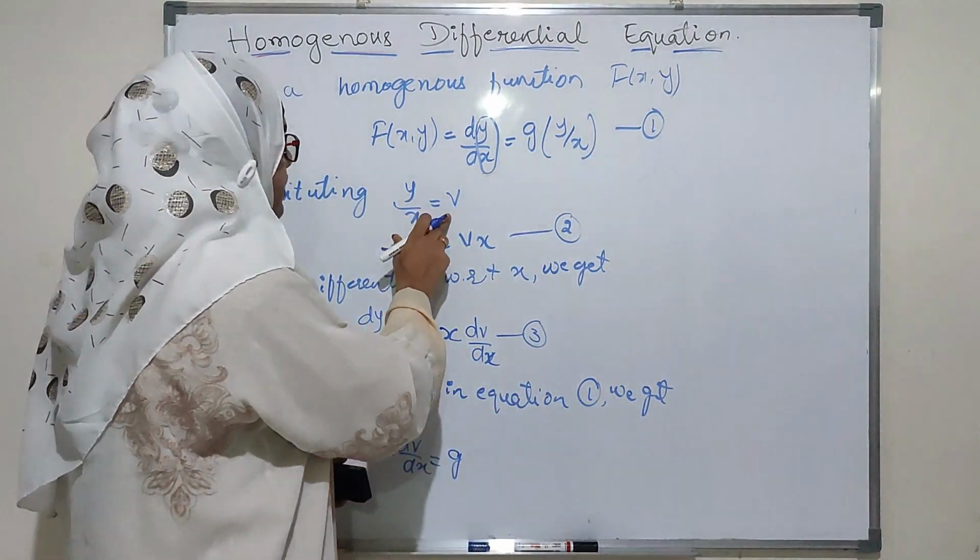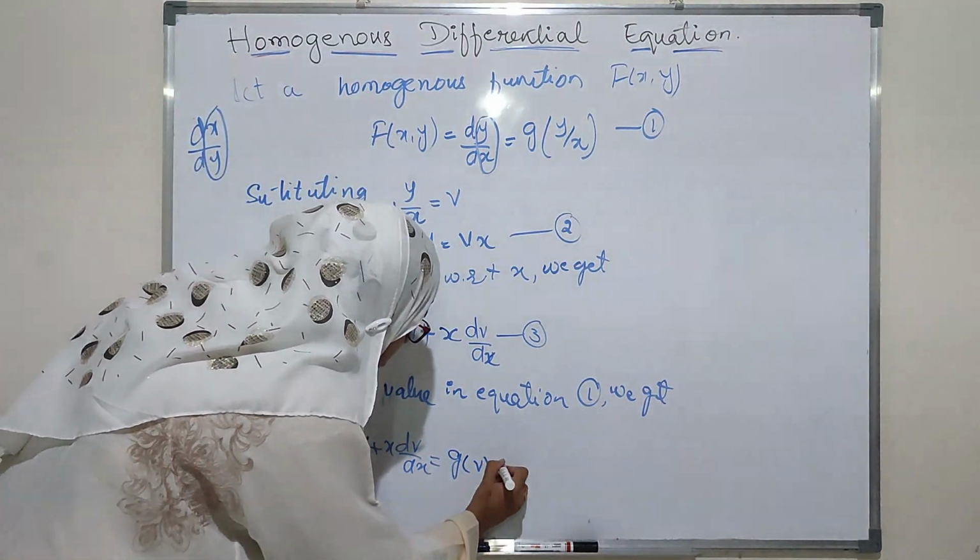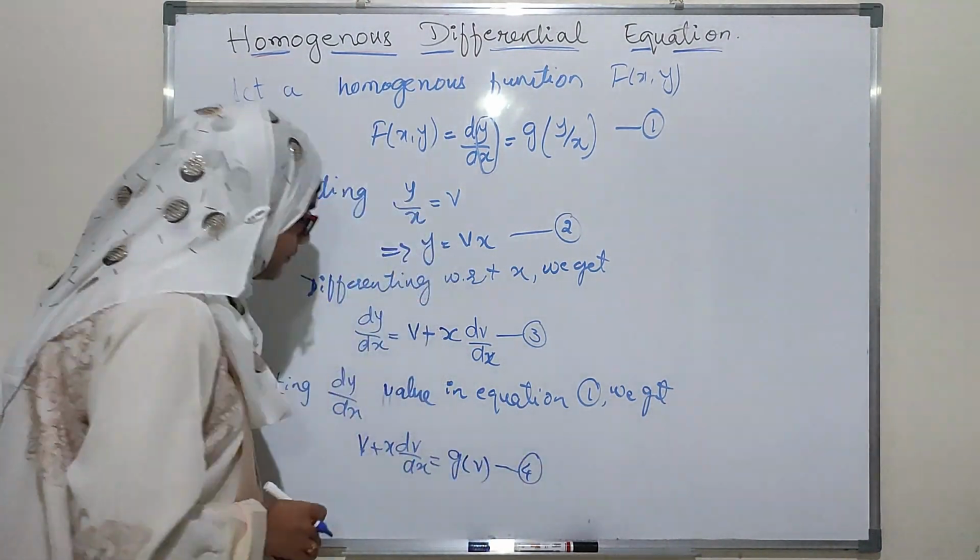We had taken y by x as v, so it is g of v. Name this one as equation 4.